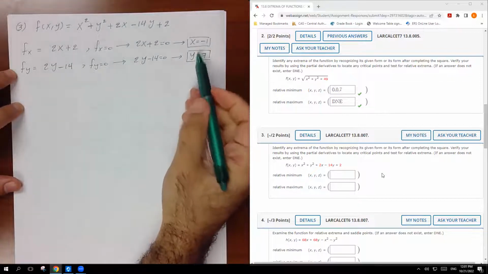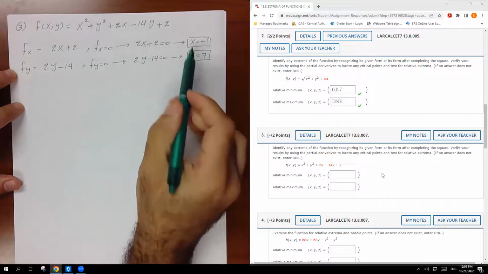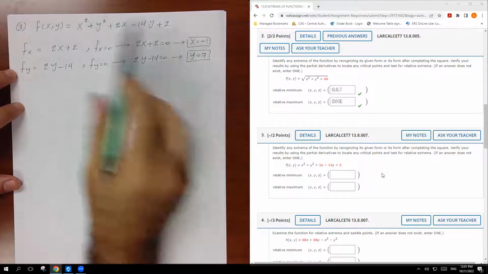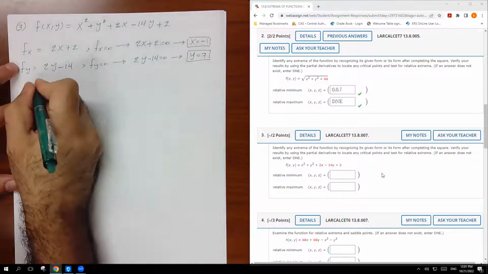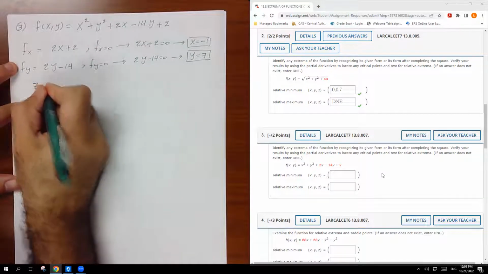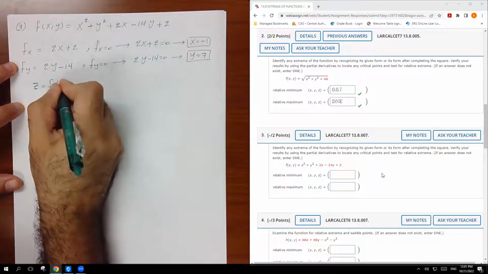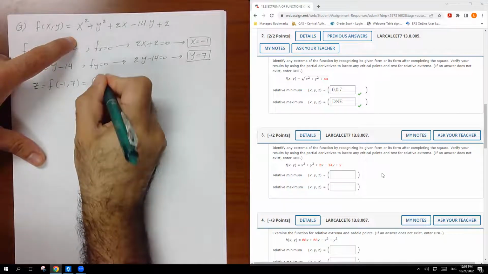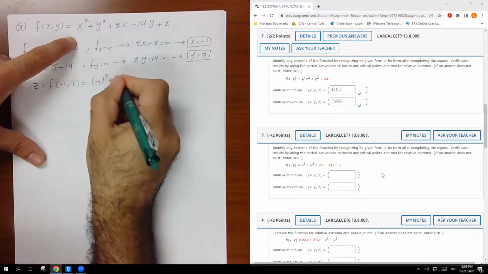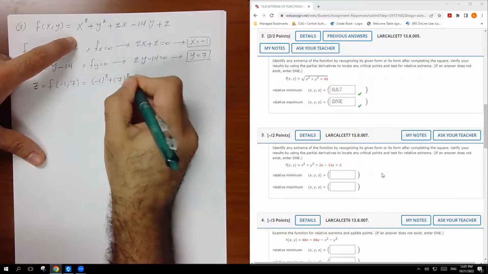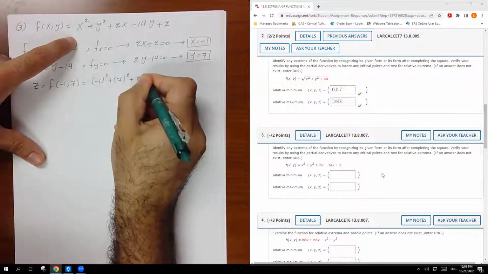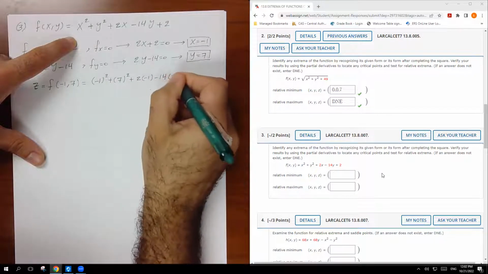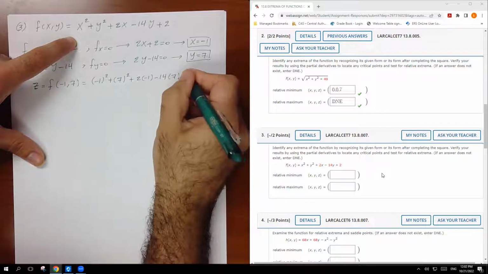I'm going to keep going to find the critical point with x, y, z. So I plug in this x and this y here to find the z. So z equals f of -1 and 7, which is equal to -1 squared plus 7 squared plus 2 times -1 minus 14 times 7 plus 2.